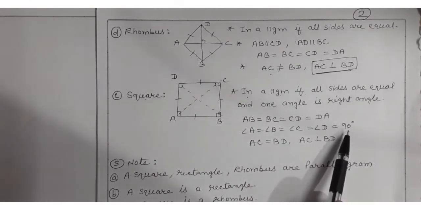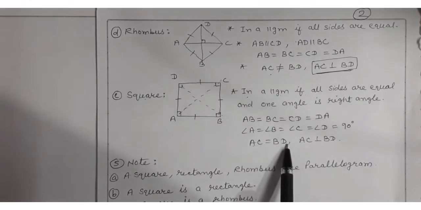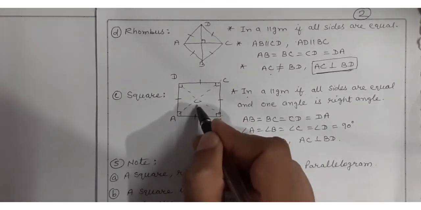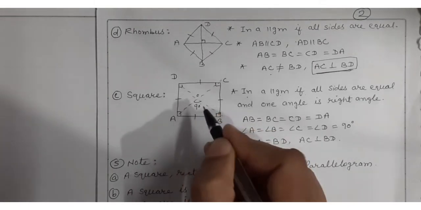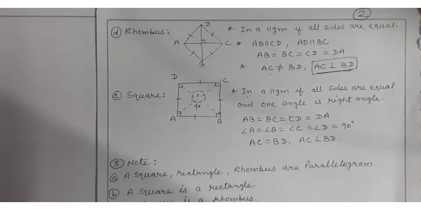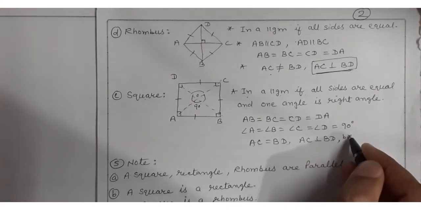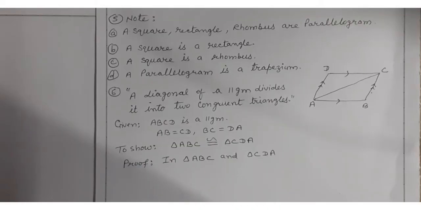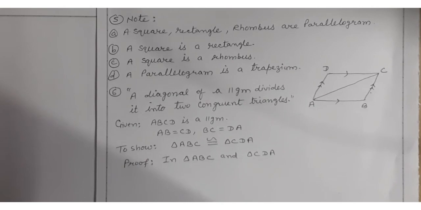If all angles are 90 degrees and diagonals are also equal, diagonals perpendicular to each other is a very important property for your square. Diagonals bisect each other also.